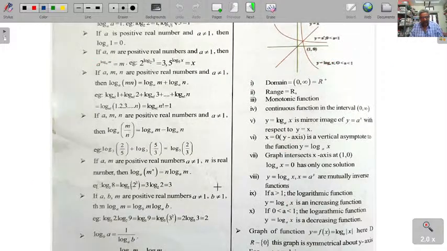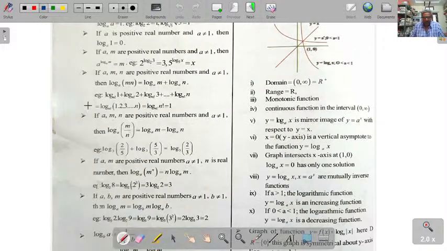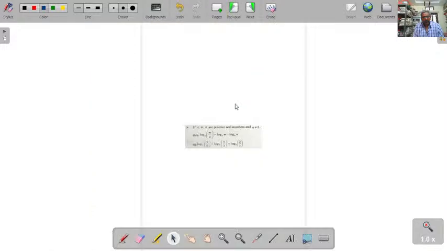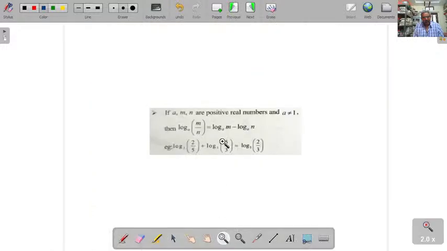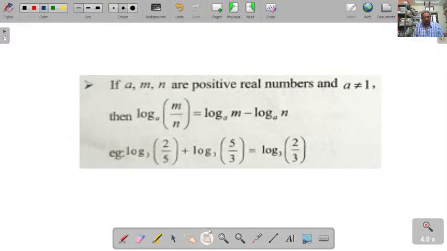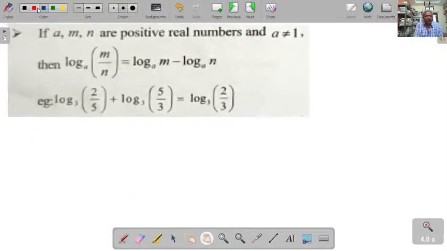So let us move to yet another concept. That is quotient rule. We are going to discuss quotient rule. So now see, if a, m, n are positive real numbers, both should be positive real numbers, and moreover it will be useful for NDA also.